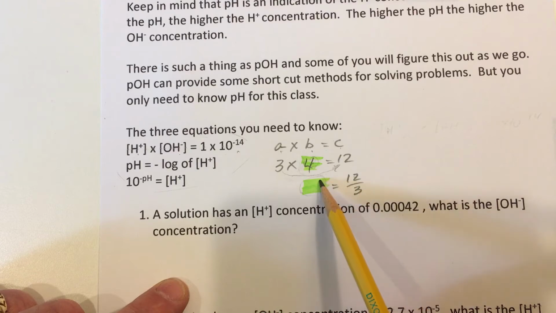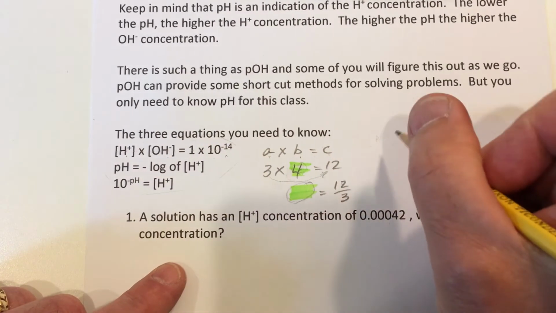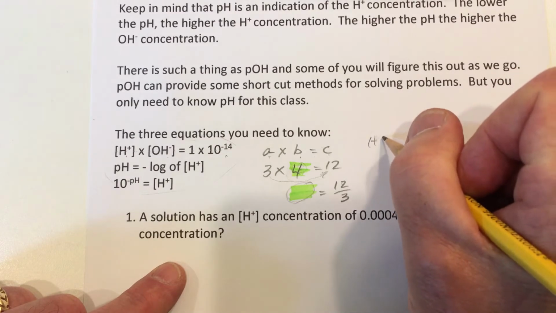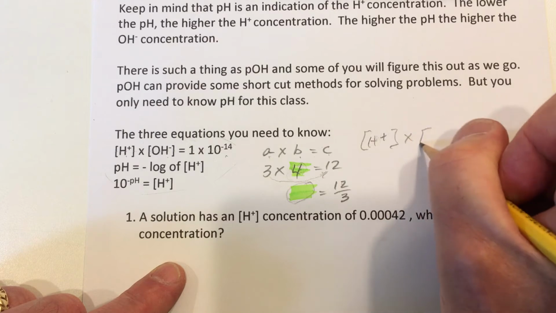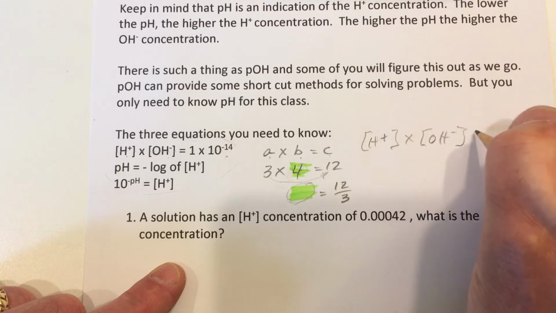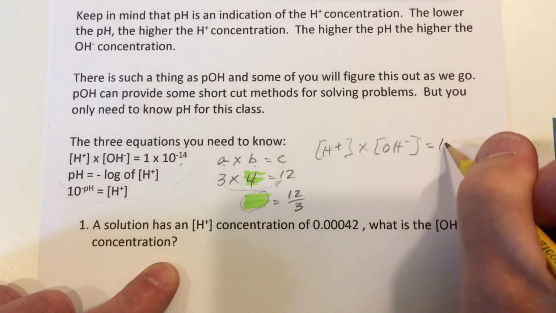That is 12 divided by 3 would be this number. Okay, well, we can do the same thing with this equation. If we know the H plus, but we don't know the OH minus, but we do know that they always multiply out to 1 times 10 to the negative 14.